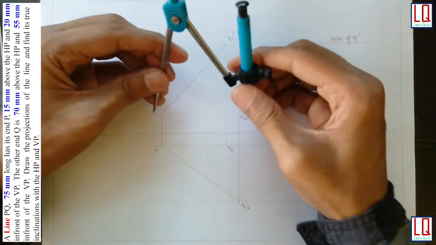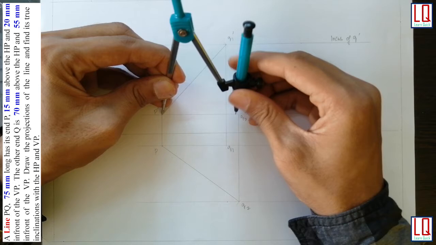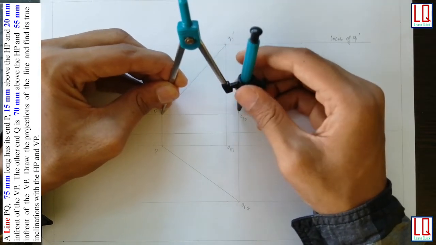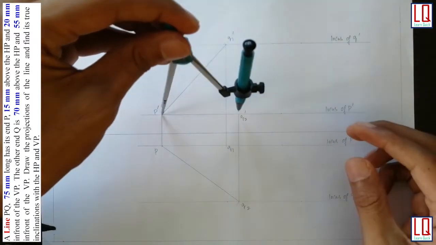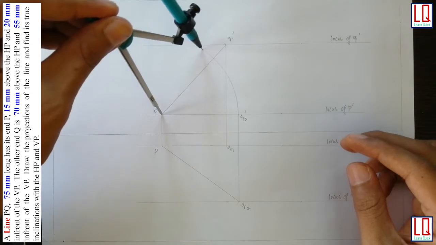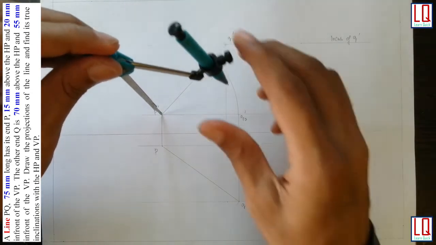Now with the help of your compass, measure P dash Q2 dash and draw an arc to locus of Q dash.